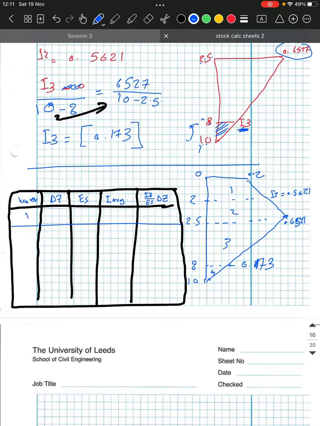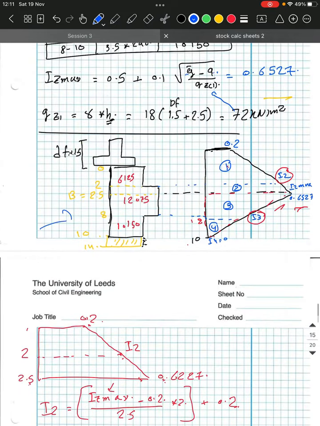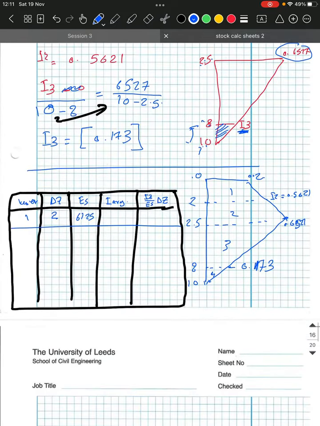So for layer 1, delta Z is 2 minus 0, which is 2. ES we calculated as 6125. We could take it from this diagram. Now IZ average is going to be this plus this over 2. So it's going to be 0.5627 plus 0.2 over 2, which is going to be 0.381.